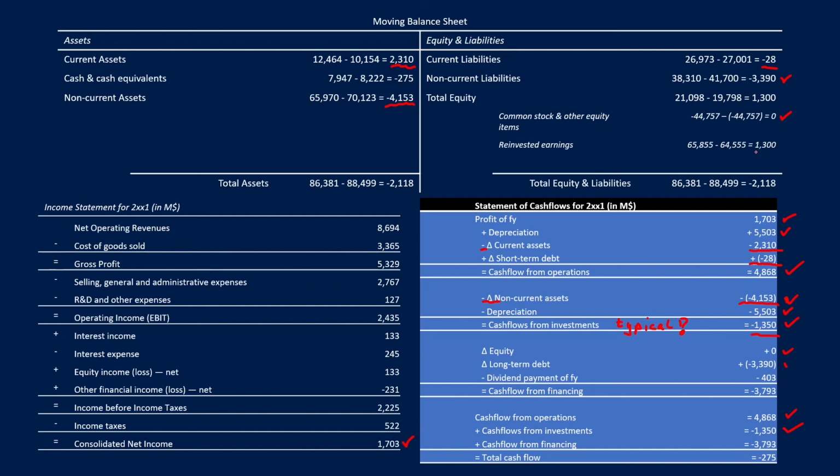Here we have the reinvested earnings and the consolidated net income coming from here. 1,703 minus the reinvested earnings, 1,300. That's the dividend that has been distributed, and that's 403. And that, since it must be deducted, we deduct 403 here.